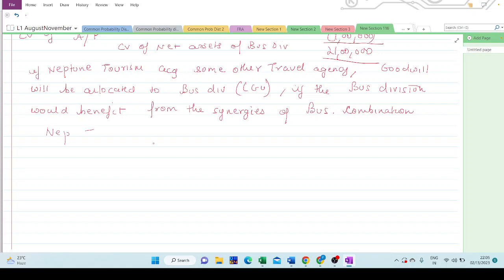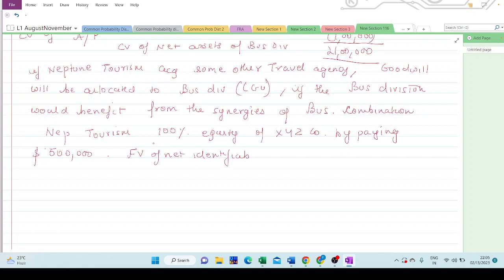Neptune Tourism acquired 100% of equity of some other company, say XYZ company, by paying $5 lakh, and the fair value of net identifiable assets of XYZ company is, say, $3 lakh, right?